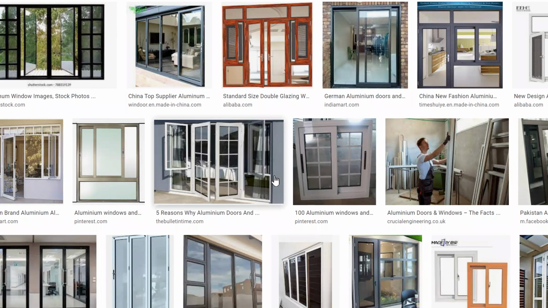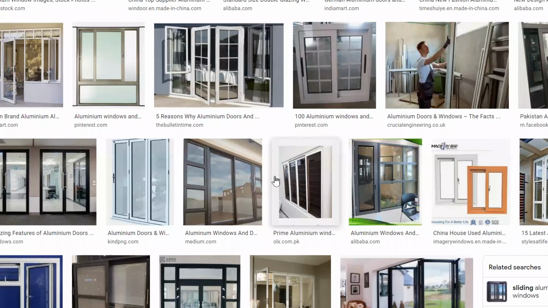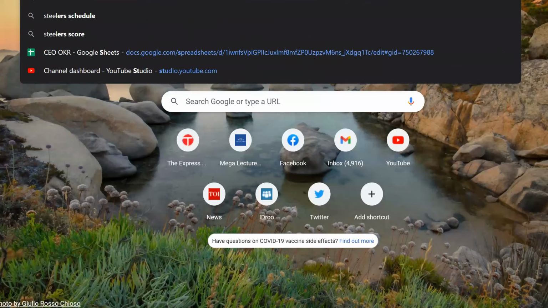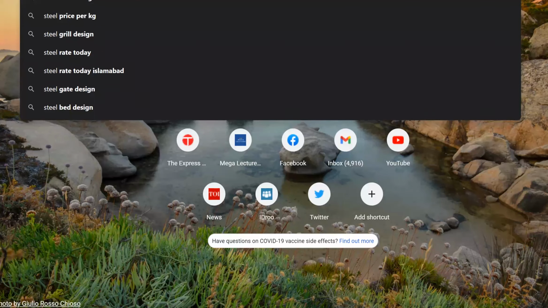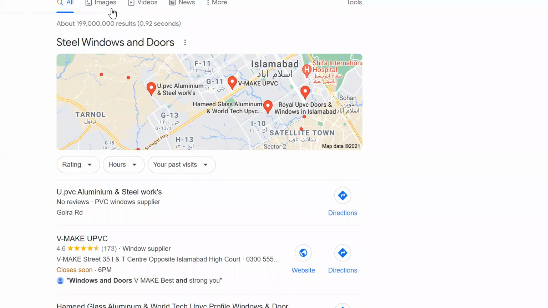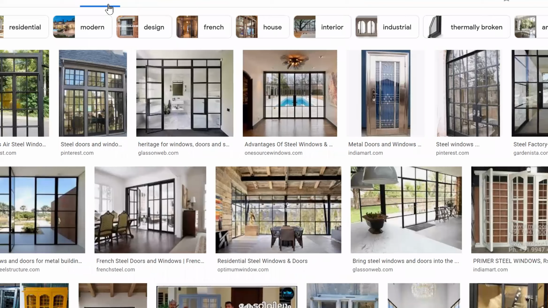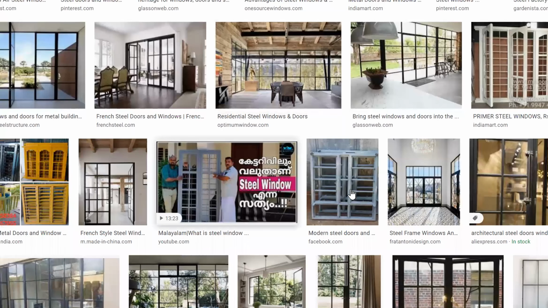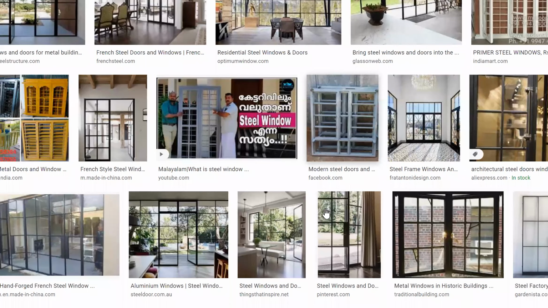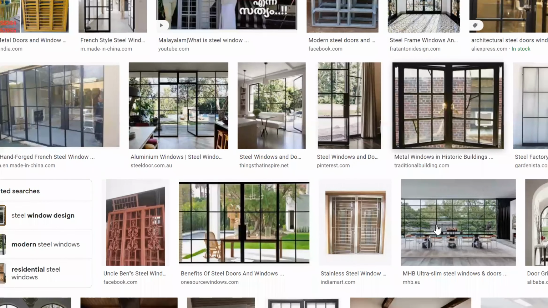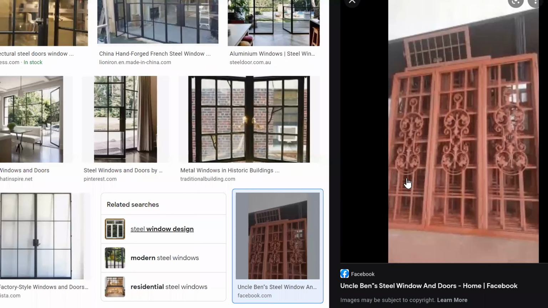If you go to an old house, they used to have windows made out of steel, but they would rust a lot, so you always had to paint them.